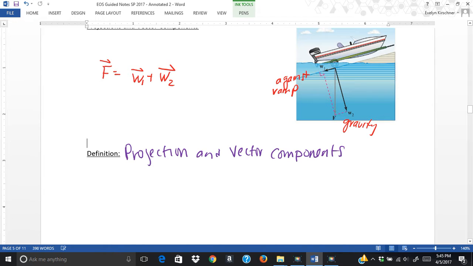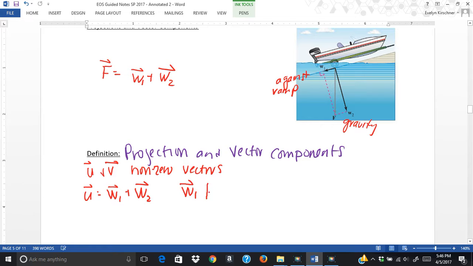Okay, so I want to define projection and vector components. So if I have u and v and they're non-zero, and I can define u as w1 plus w2, and I know that w1 is parallel to v and w2 is orthogonal or perpendicular to v, then I know some other things.